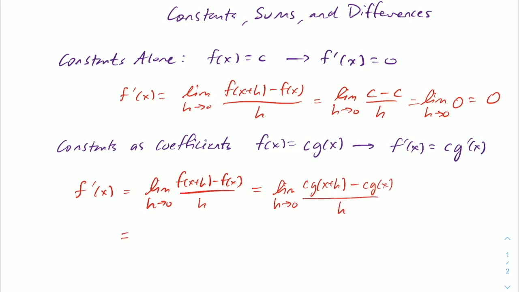Remember the limit of a product is a product of limits, so we can factor out this c. We get c times the limit as h goes to 0 of g of x plus h minus g of x all over h. And that's the definition of the derivative of g. So we'll have c times g prime of x. Okay, so we have proved both these rules.